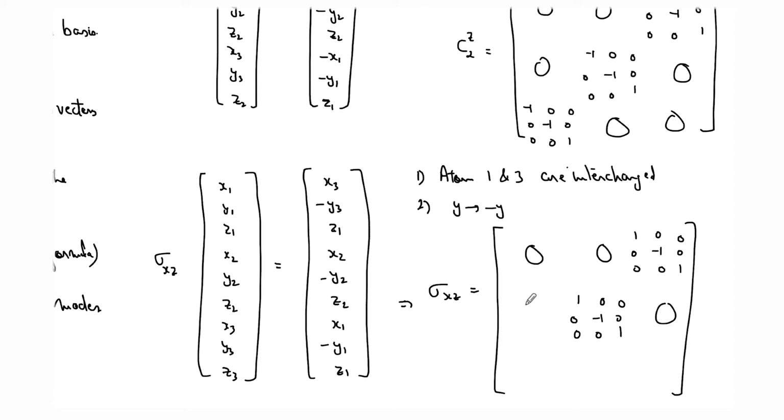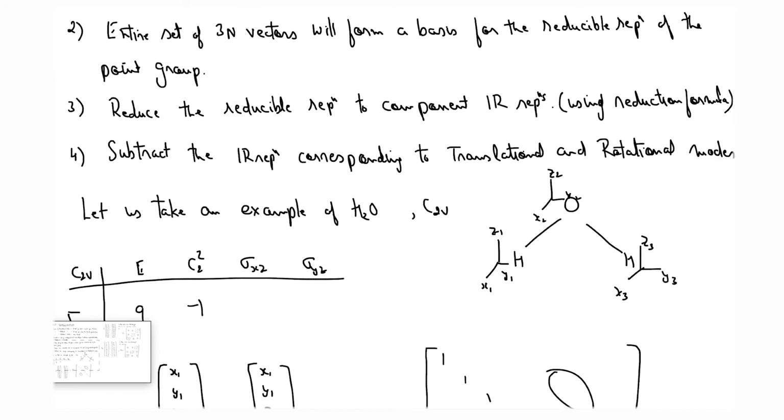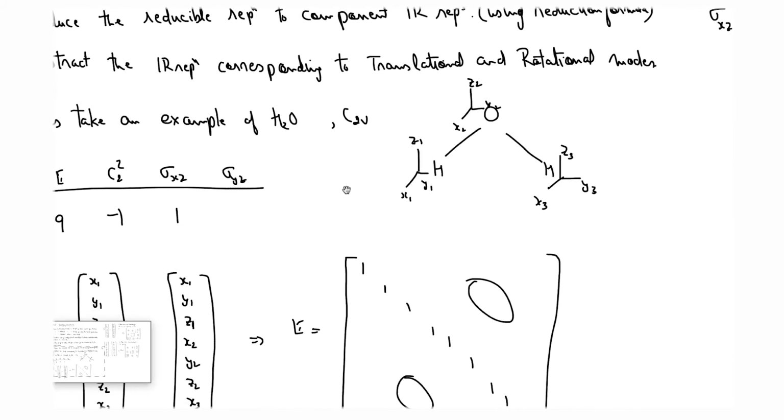So this block is 0, this block is 0, this block is 0. x3 and x1 are interchanged, so I will have 1, minus 1, 1. But again, the trace is contributed only by the atom which is not moved, so I will have plus 1 as the trace now. And we are working with only the trace, right? So that's why we want to know what the trace is over here.